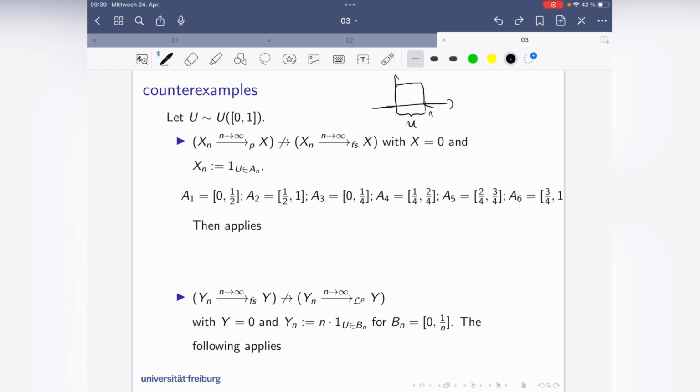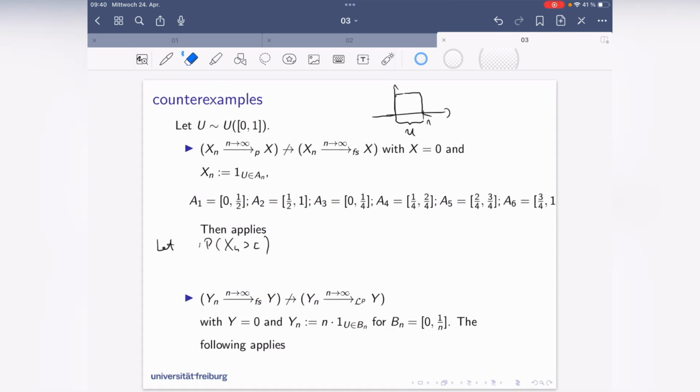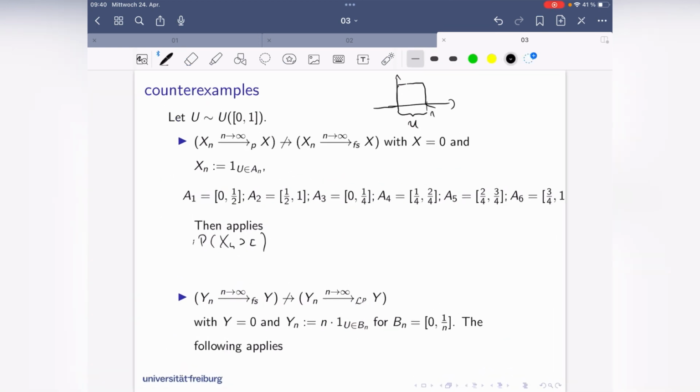Which means the probability that xn is bigger than epsilon for some epsilon bigger than 0. And maybe I need also that epsilon is smaller than 1, otherwise it doesn't really make sense. So let's take epsilon between 0 and 1.